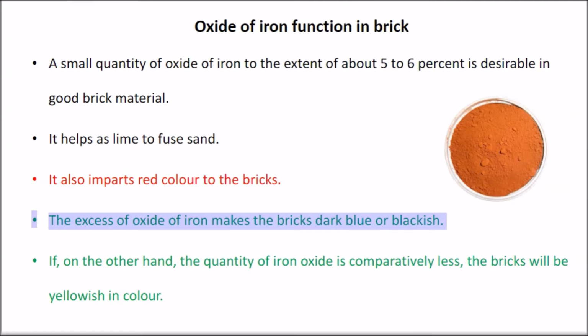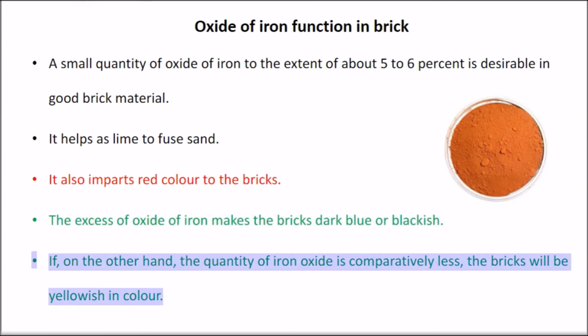The excess of oxide of iron makes the bricks dark blue or blackish. If, on the other hand, the quantity of iron oxide is comparatively less, the bricks will be yellowish in color.